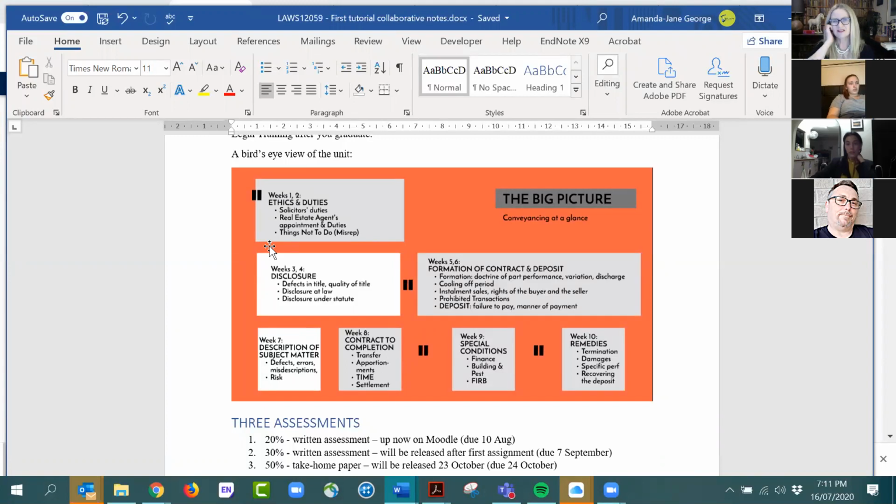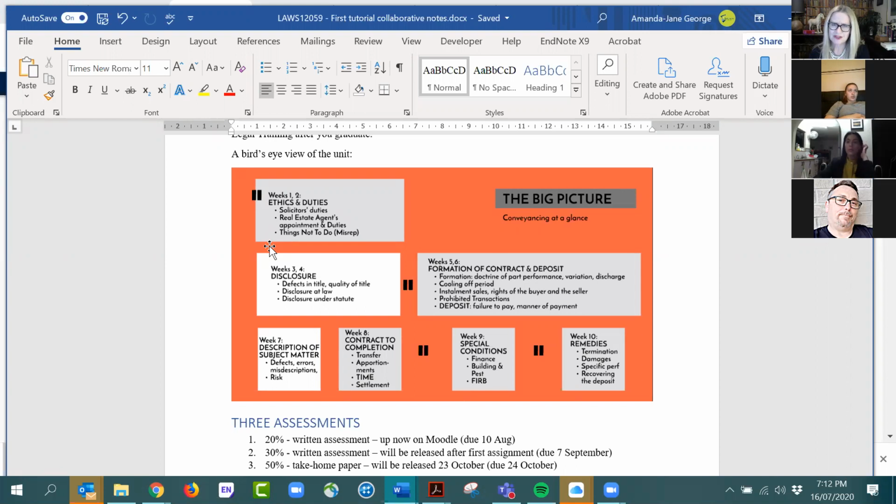Now, as I suggested, if you haven't sourced your text yet, I would recommend trying to grab a second-hand copy if you can, because this copy is kind of out of date. A lot of the fundamental law is good because, as you know, law moves quite slowly, particularly the common law in real property.